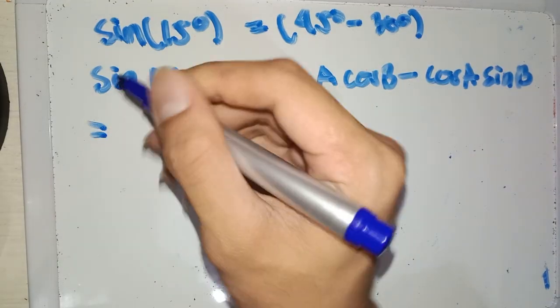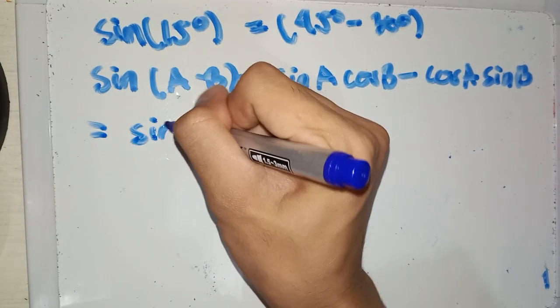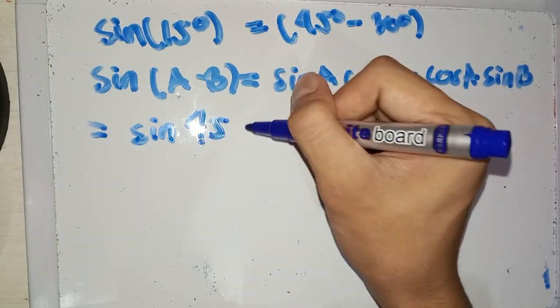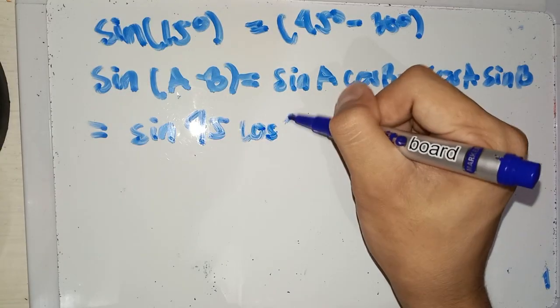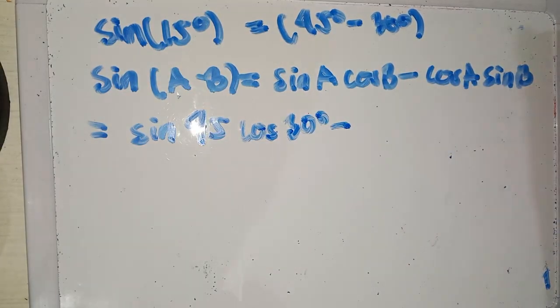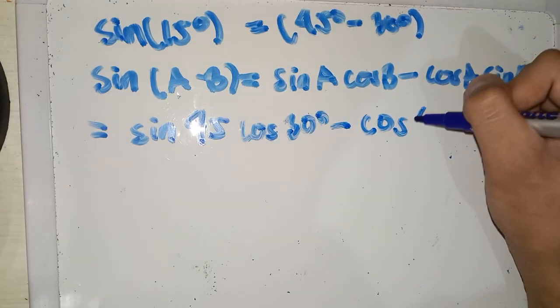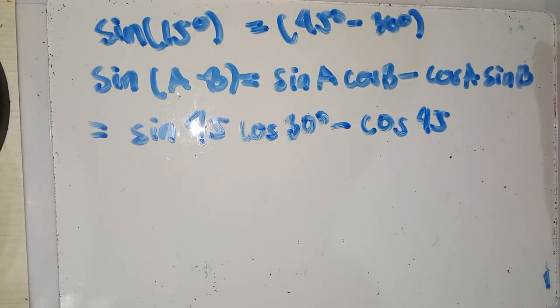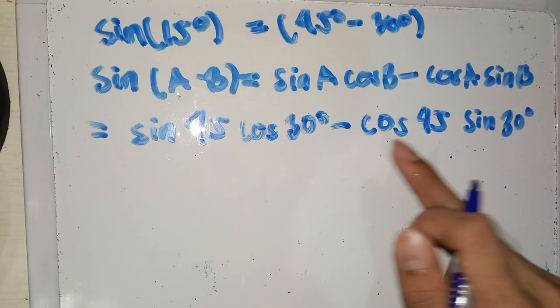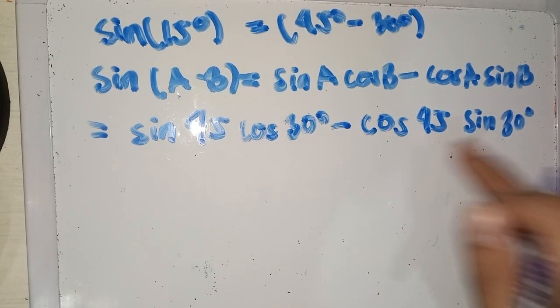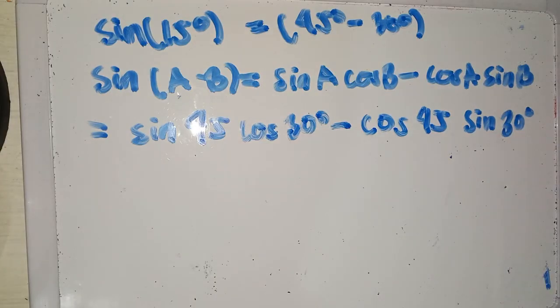So, sine 45 degrees cosine 30 degrees minus cosine 45 degrees and sine 30 degrees. Here cosine is 45, here sine is 30.